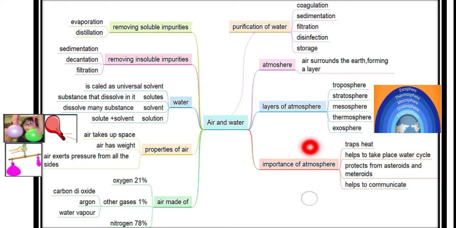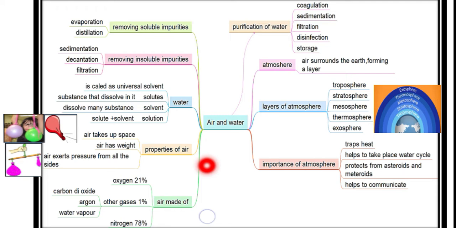So let us discuss the importance of atmosphere. Atmosphere traps the heat, helps the water cycle take place, protects us from meteoroids and asteroids, and helps us to communicate. So these are the importance of atmosphere. Air is made up of 21% oxygen, 78% nitrogen, and 1% other gases like carbon dioxide, argon, and water vapor.